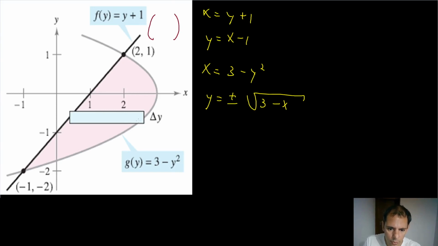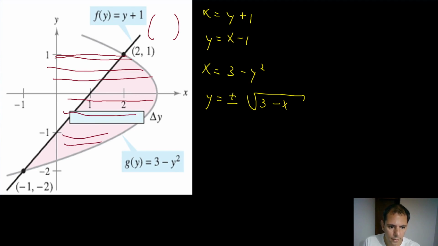Because what you're going to do is integrate with respect to the g of y, and you're going to get this whole area here, all the way down there. Actually, you're going to integrate all the way down here. And then you have to subtract the f of y, which is minus this thing here.